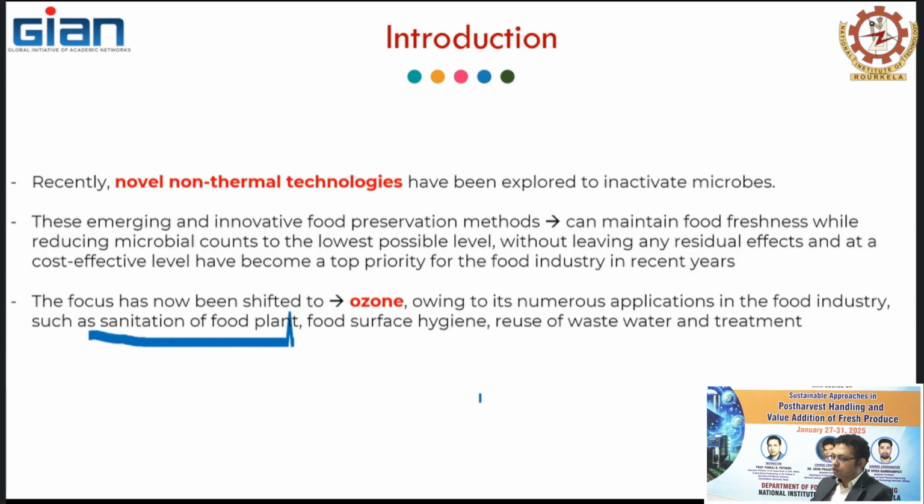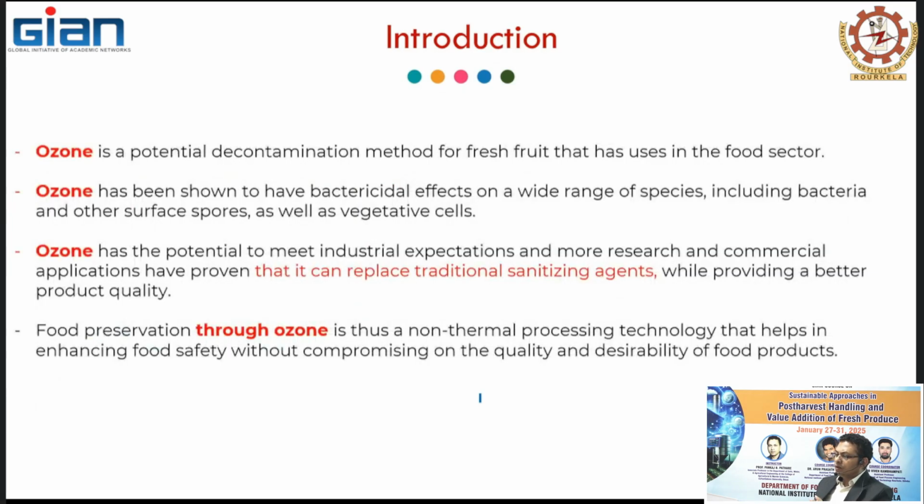Now coming to food decontamination methods, it is commonly used for fresh foods and even cut foods, and as we mentioned, not only the fruits and vegetable sector, you can go with grains and cereals. It has sanitation properties on the surface side. Even in the food industry, where chlorine and similar agents are used for this purpose, ozone has a better effect compared to them.